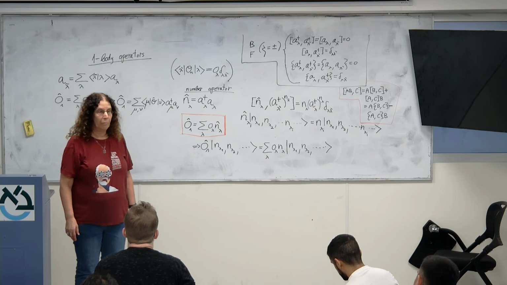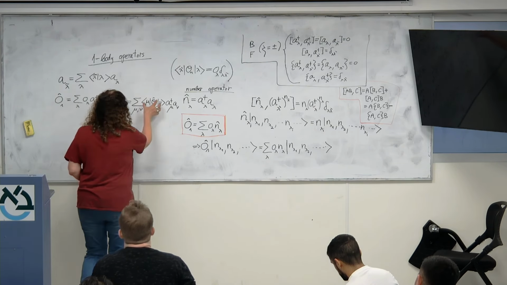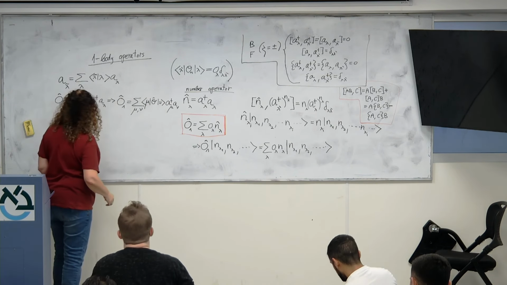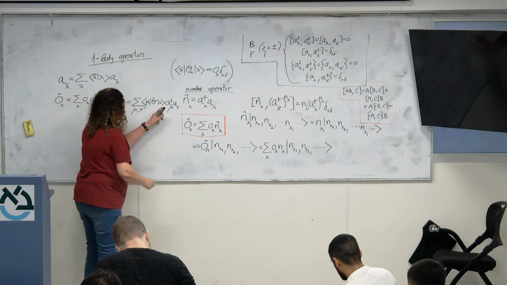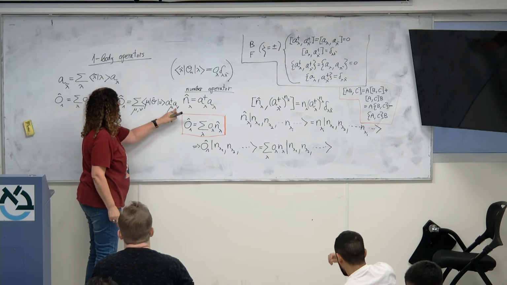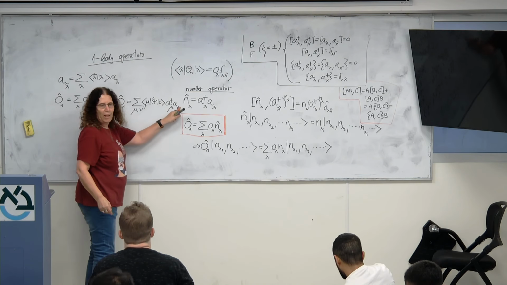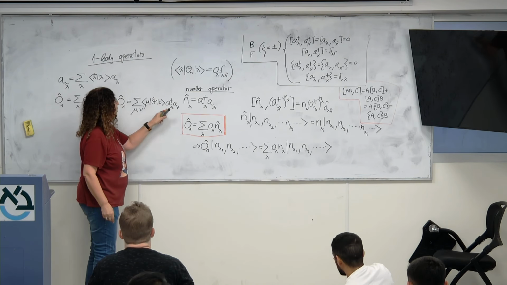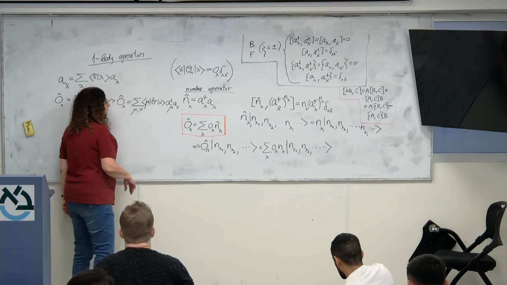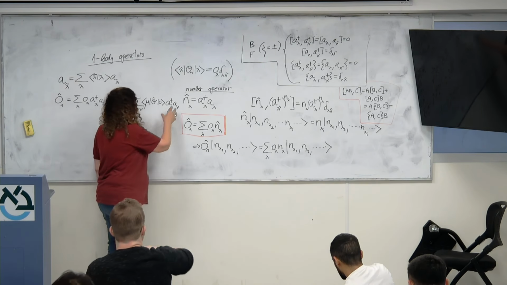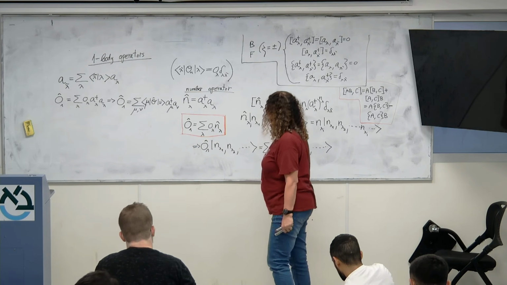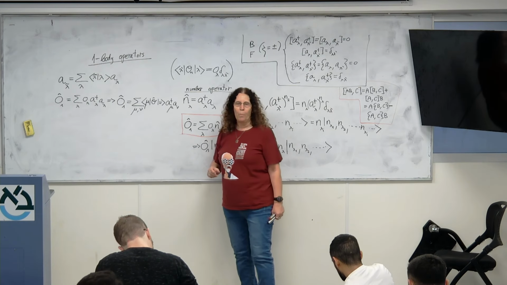Okay, so this is just a number. And you see, instead of a number operator, now we have an operator that destroys a particle at state nu and recreates it at the state mu. Okay? So if it's not diagonal, then it contains terms where I change the state of the particle.